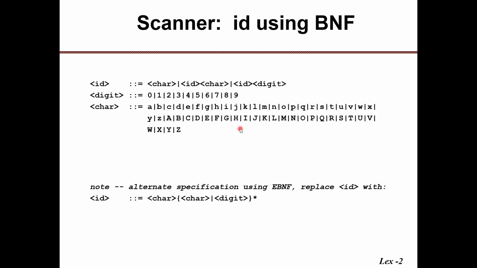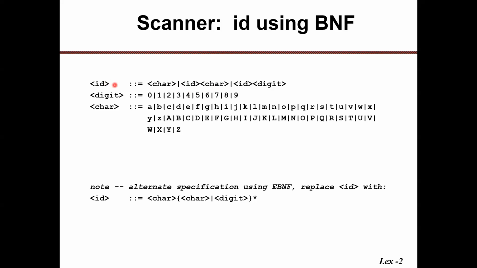So a couple things here. I think you're kind of getting the picture: you can also build rules using previously defined rules. That's what we saw at the top of the list. We had the rule ID, where ID is defined to be a char, which we define down here, or an ID followed by a char.